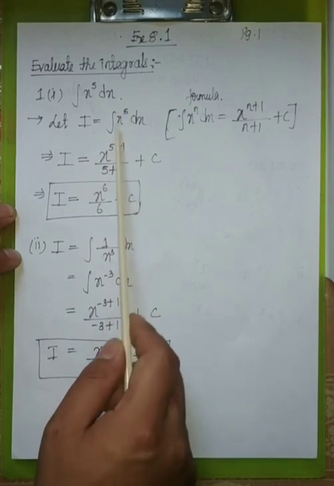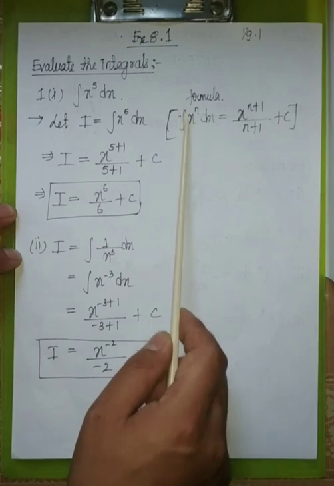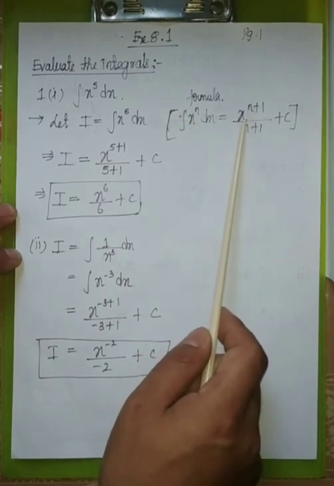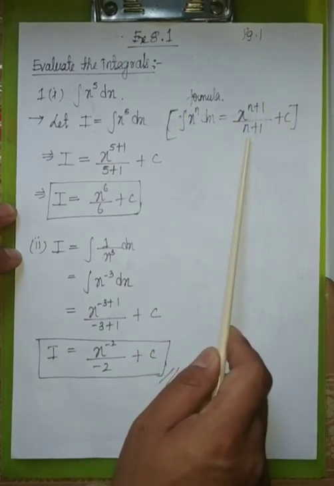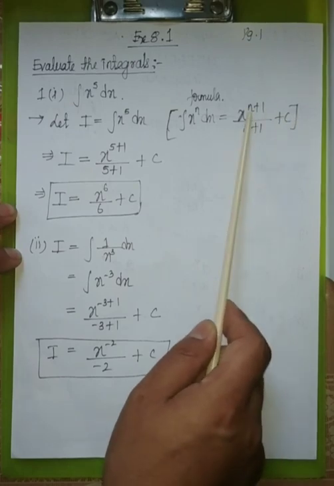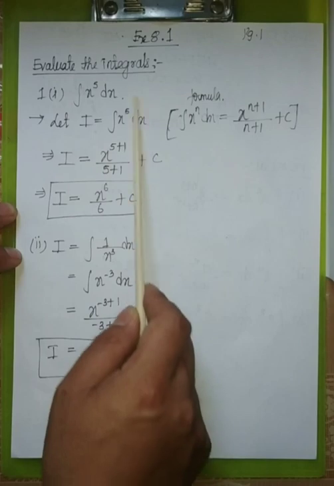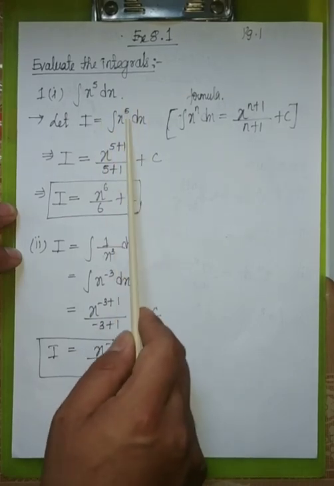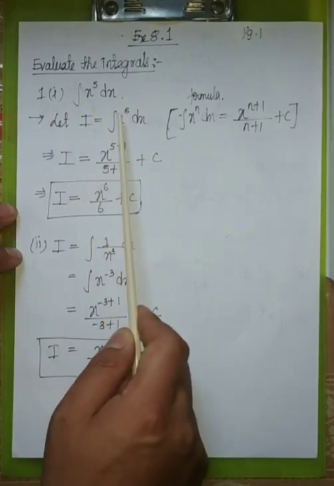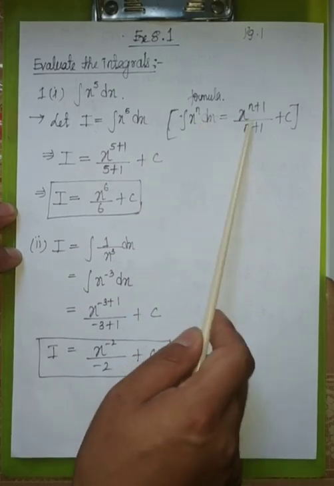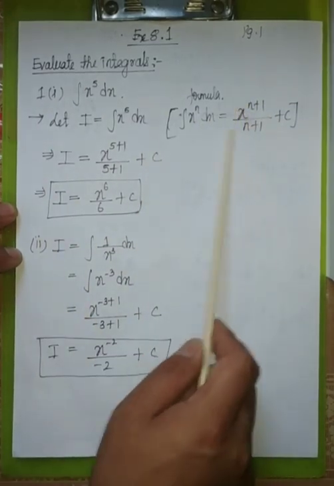So what was integration of x to the power n? Integration of x to the power n was x to the power n plus 1 divided by n plus 1, plus c. What is the value for n? 5. So hence my integration of this. And when I am using integration now, in the next step, please remove this integration sign and dx. Okay, like this. Here there is no dx, no integration sign now.